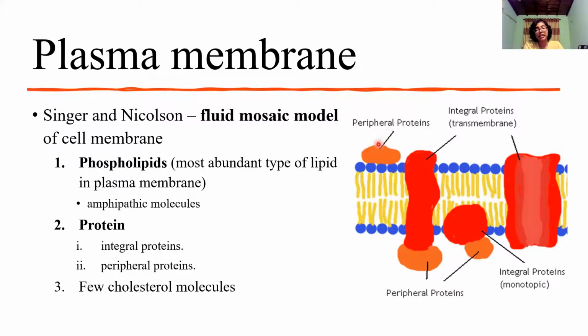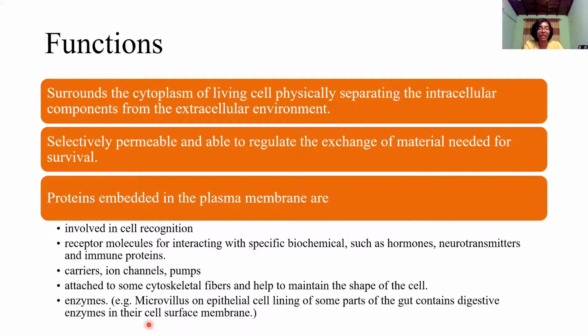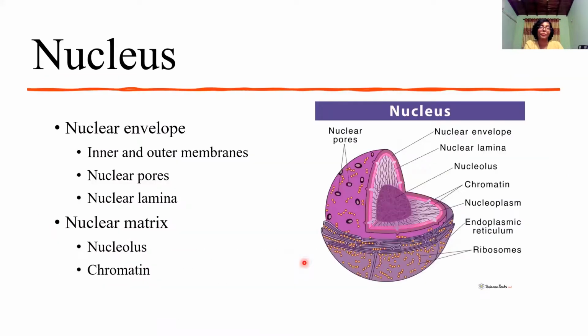For example, in our intestine, we have a peripheral protein which acts as a digestive enzyme, so that if maltose enters the intestine, this enzyme can convert it into glucose and then absorb it. So these are the functions of the cell membrane.